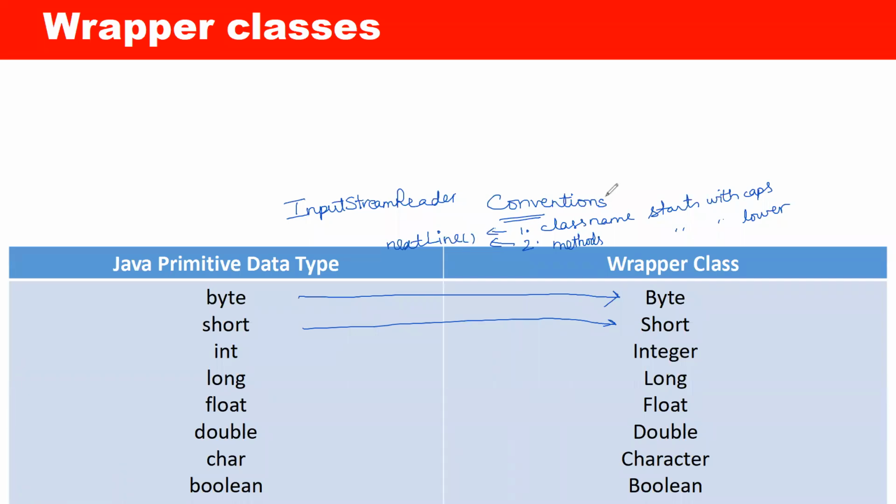Now, as per the convention, all class names begin with capital and all methods begin with small case. But if they contain more than one word, the first letter of the following word will be capital, in both class names and method names. If you remember the conventions, you will not go wrong while using predefined classes or methods.